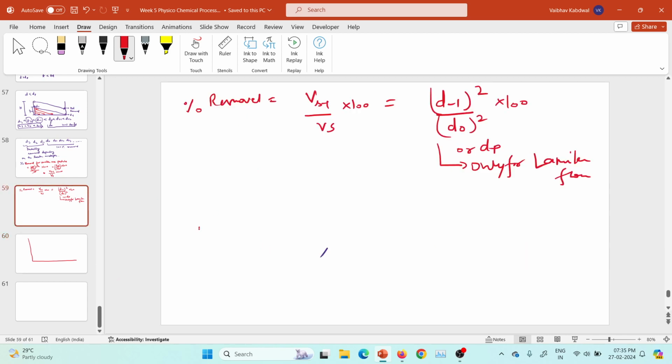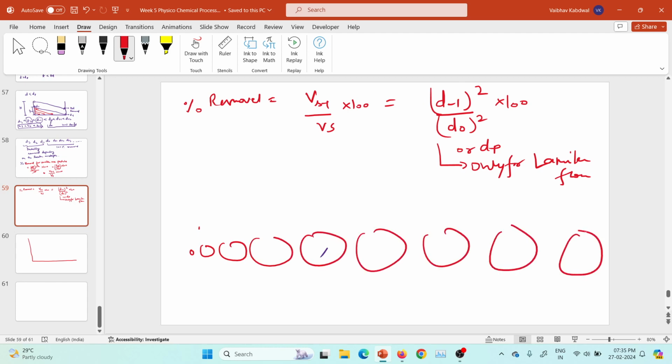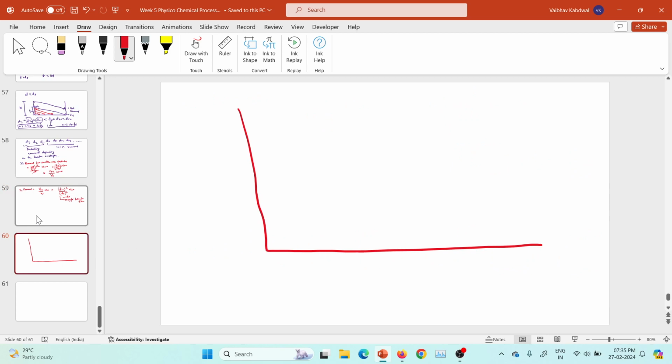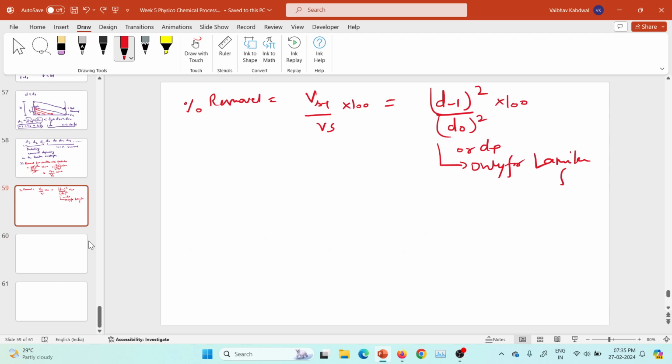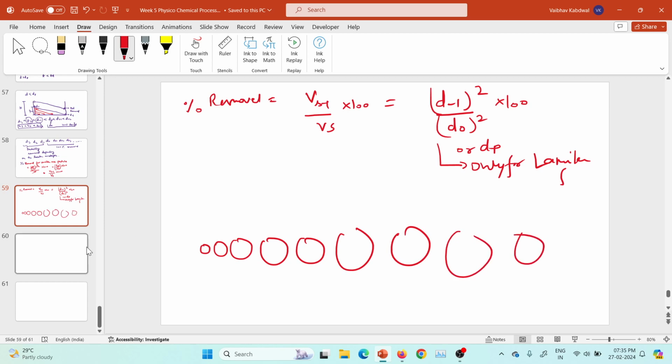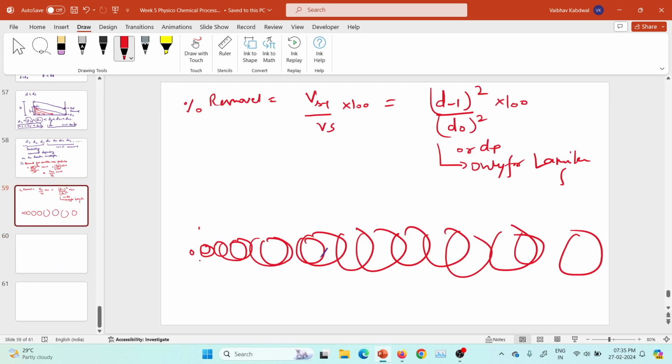We have different sizes of particles ranging from small to big, like this. So what we'll do is the sieve analysis.